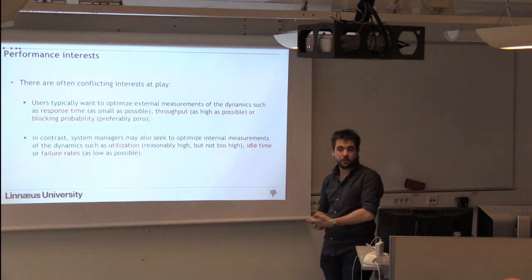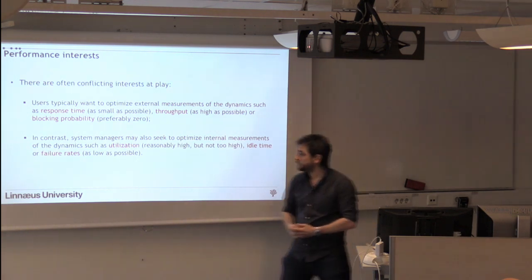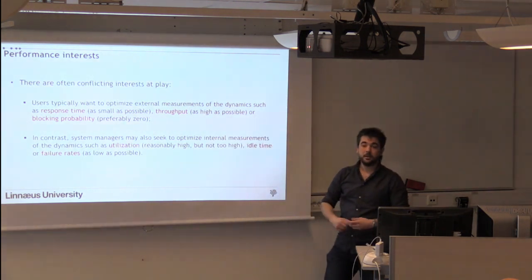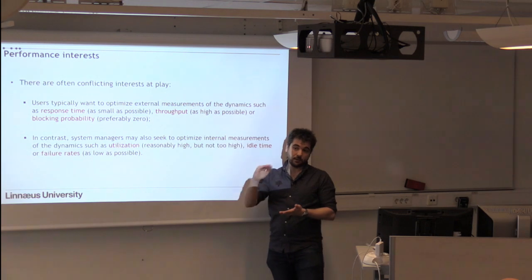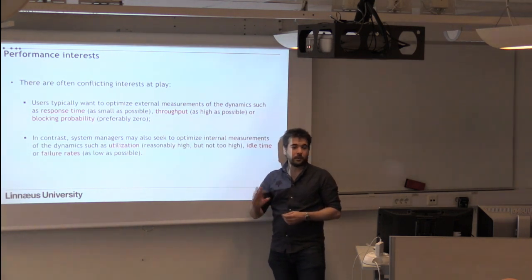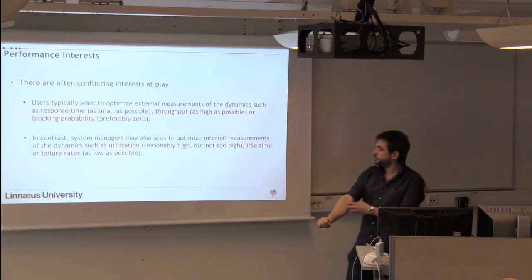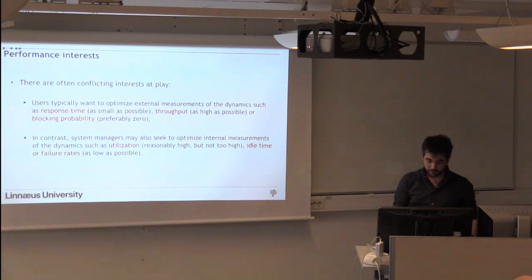I'm not going to pay for 10 CPUs if I can do the same work with 2. So they want to increase the resource utilization. They are not paying for having something idle, but not too high, because if it is too high, users become angry because they have to wait too much. So they reduce the idle time and reduce the failures of the system.